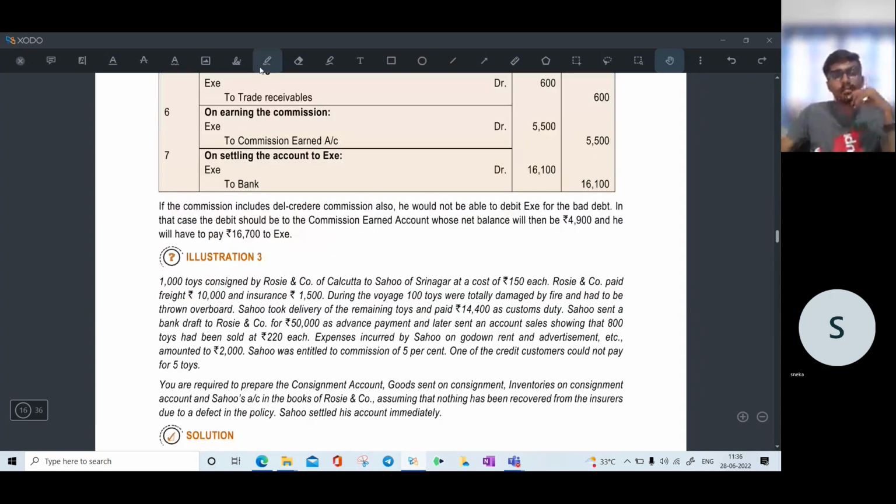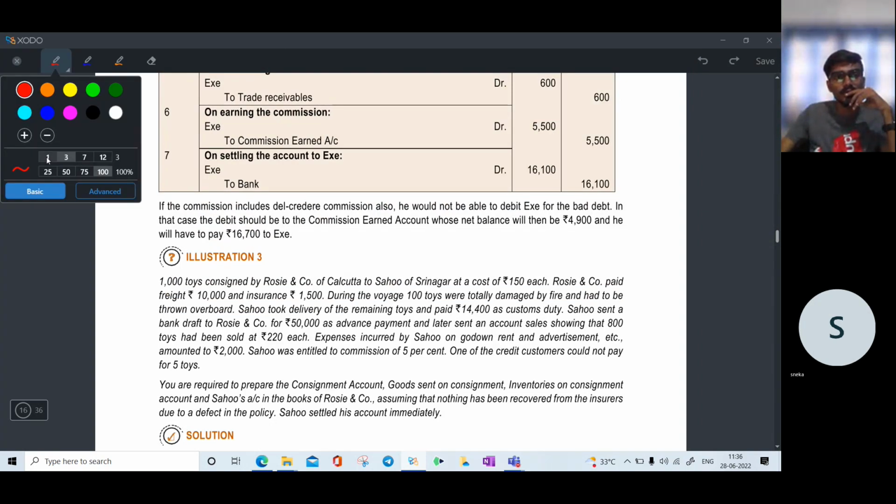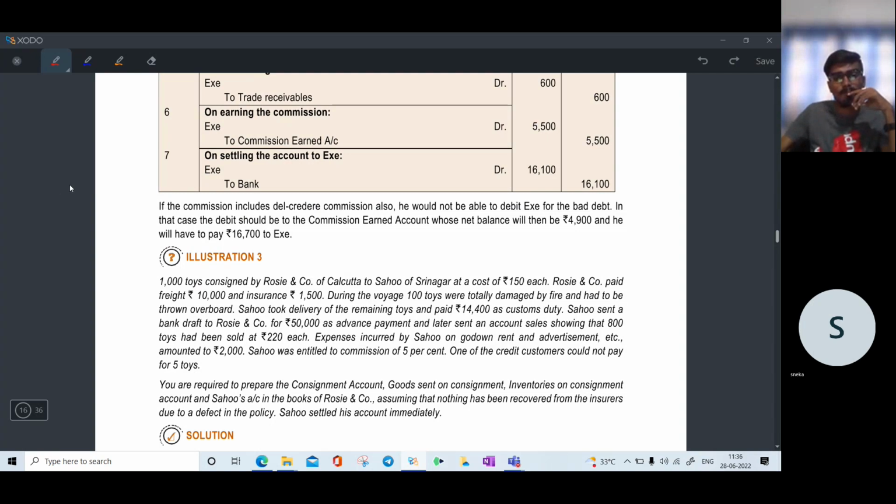First read illustration 3. Read the question quickly. 1,000 toys were consigned by Rosie and Co. of Calcutta to Shahu of Srinagar at a cost of rupees 150 each.